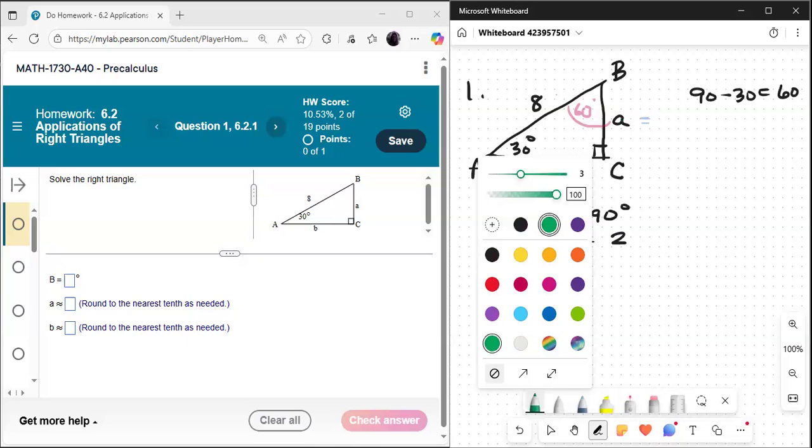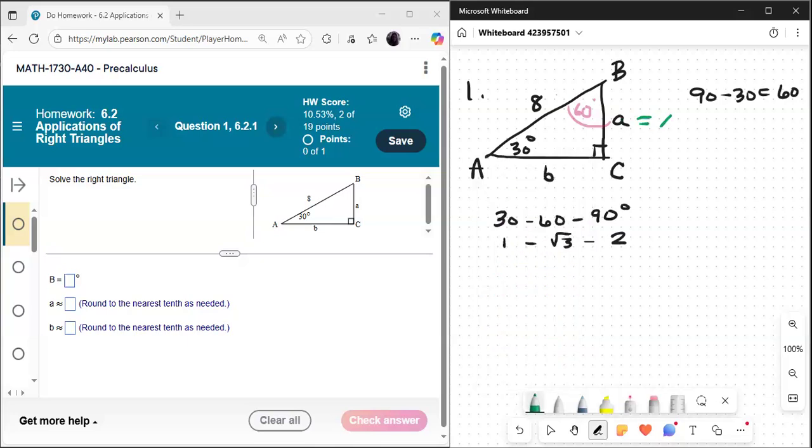B will be x times the square root of 3, and C will be 2x. Now we can solve for x because we already know the hypotenuse. Since 2x equals 8, we know that x is equal to 4.